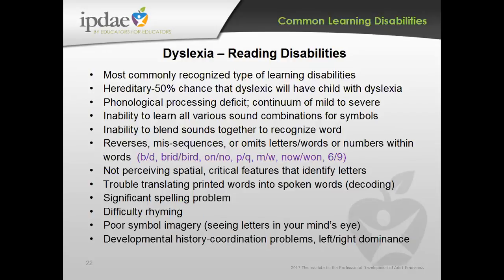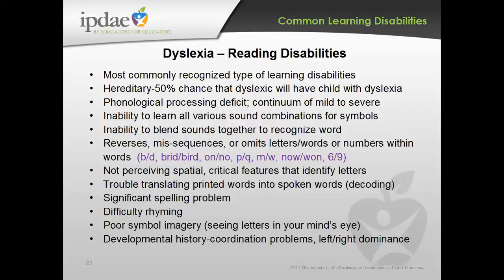Okay, so you are probably familiar with reversals or missequencing or omitting letters or words. For example, B's and D's, B-R-I-D really should be B-I-R-D. O-N really is a reversal, should be N-O. The P's, the Q's, you can see that. And it's not just with letters, but with numbers too, 6 and 9, 3 and 8.